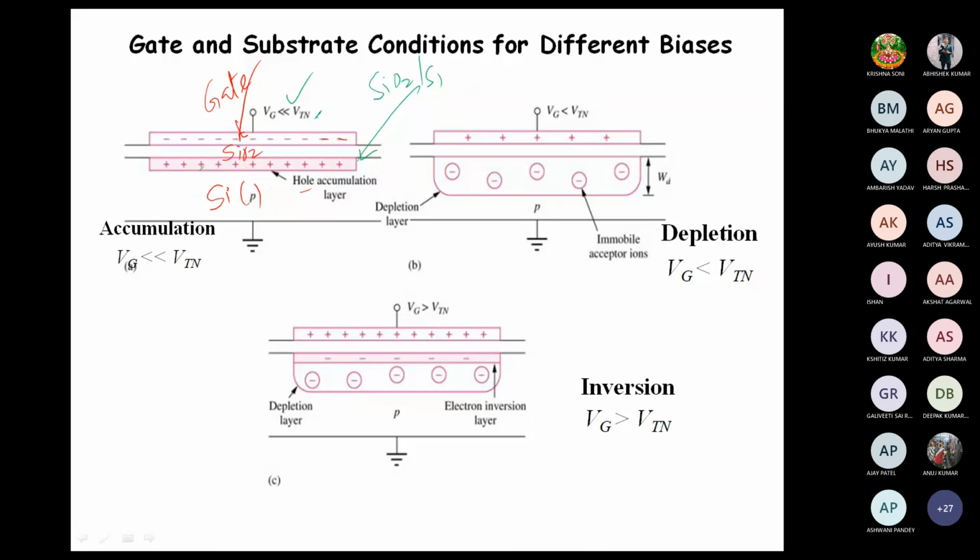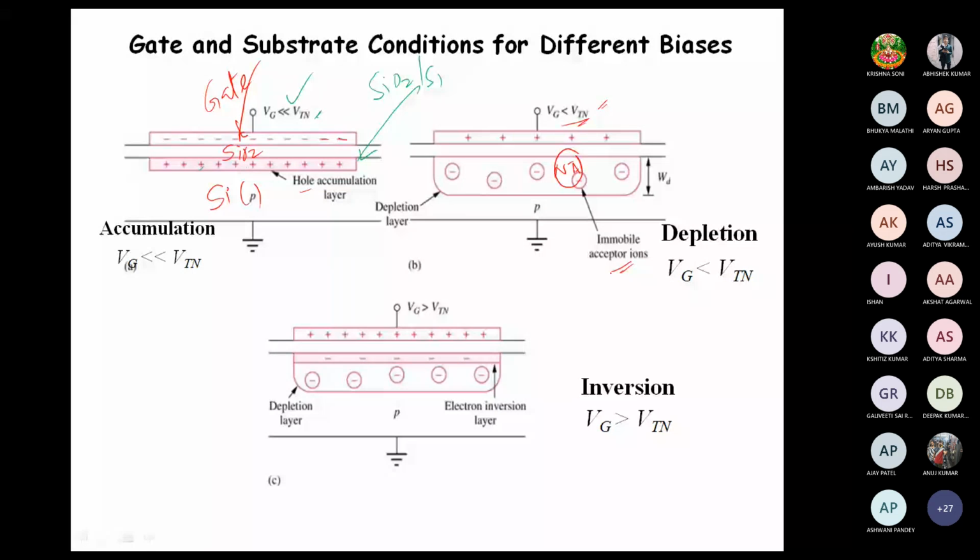On the other hand, if we have a little more gate voltage, say greater than 0 but less than threshold voltage, then the acceptor atoms accept electrons and become ionized, so we have immobile acceptor ions.